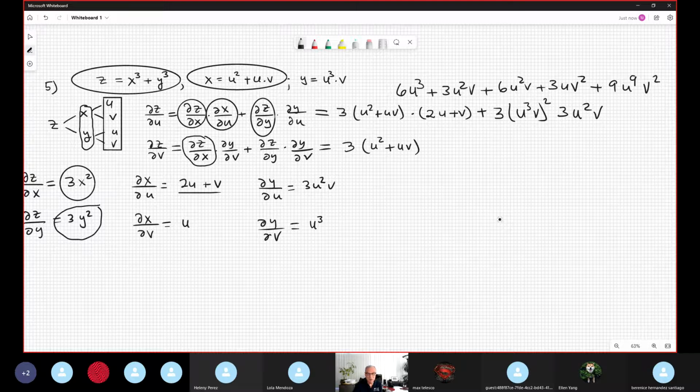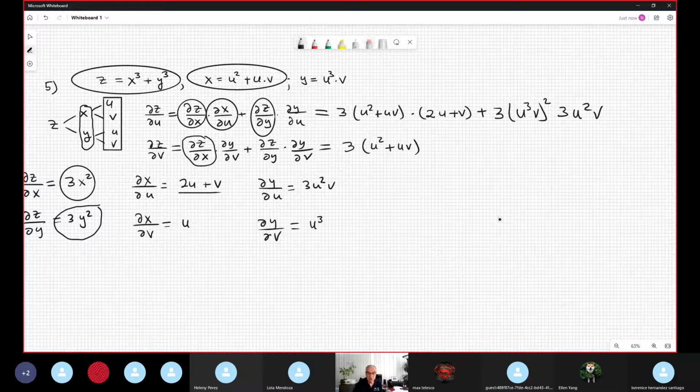I made a mistake here, right? It's a square. Oh, yes. Okay, this is wrong. This is a square here, because it's x and x is this. So it's a square. It's more complicated. I need to expand this multiplication.